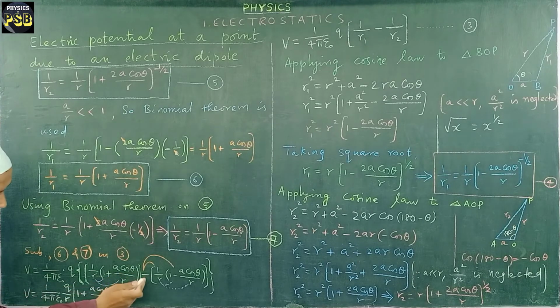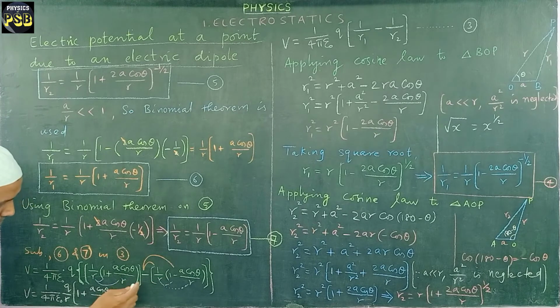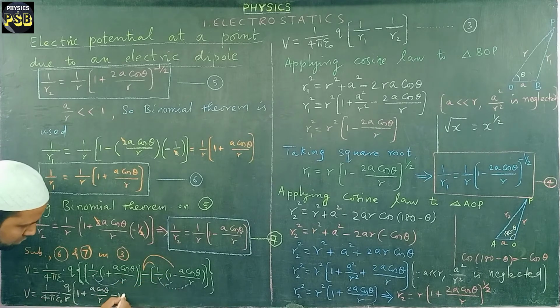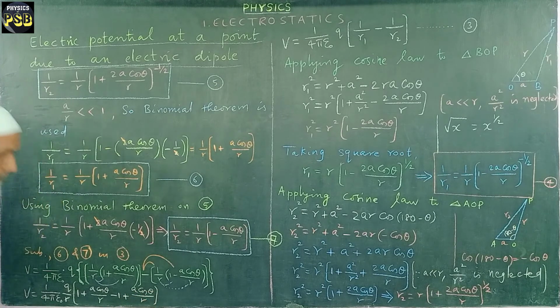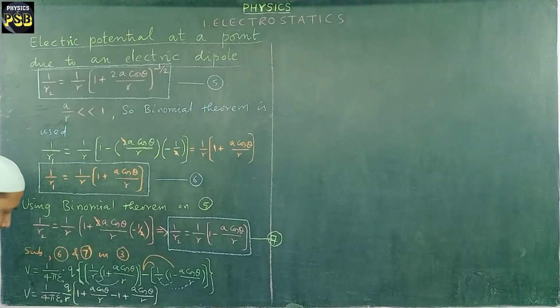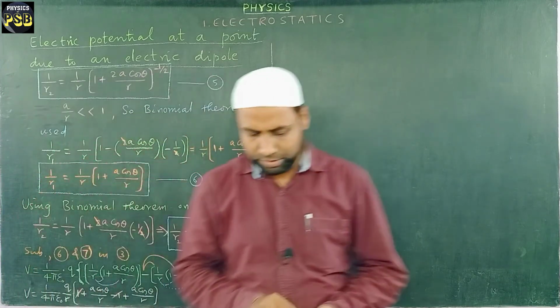And here minus multiplied with this gets minus 1. The minus multiplied with minus becomes plus a cos theta upon R. Here minus 1 and the plus 1 get cancelled, and what we obtain is nothing but this.